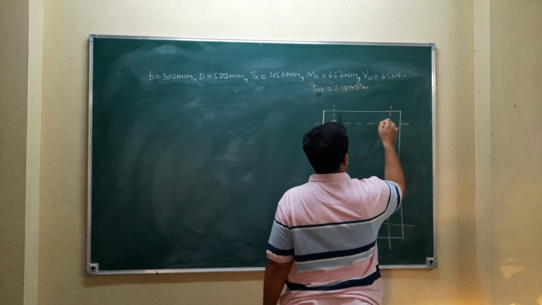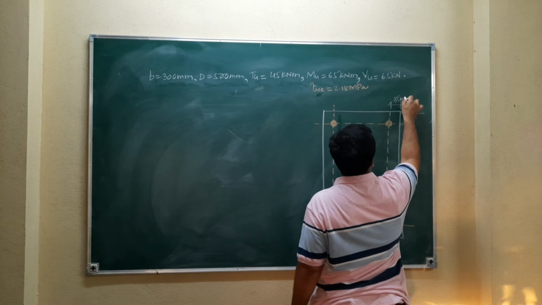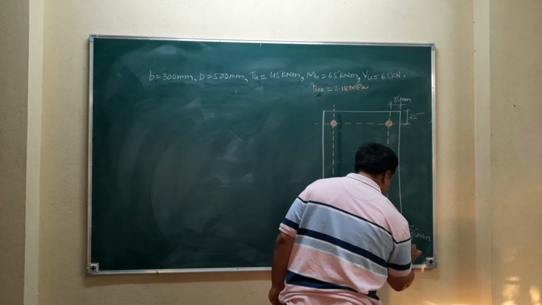As per our calculation, 5 bars are provided at the bottom as tension steel, and 2 bars are provided at the top, and all bars are 16 mm diameter. The effective cover for compression steel is 35 mm. Already we know this, the effective cover on both sides is 35 mm.